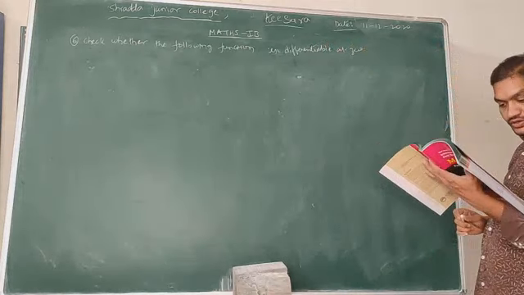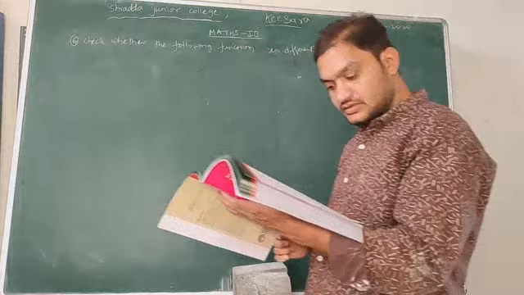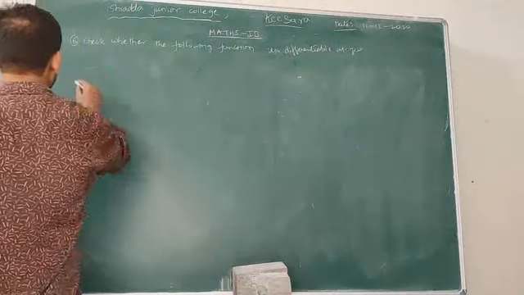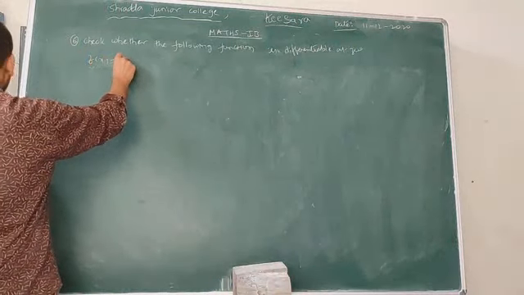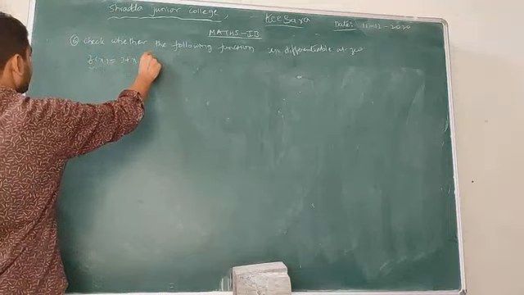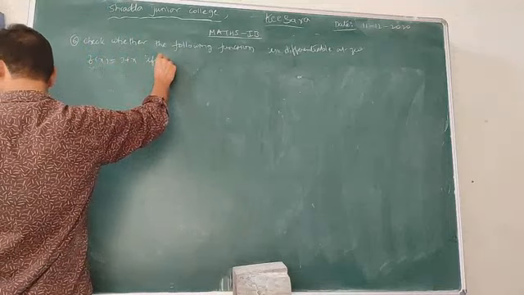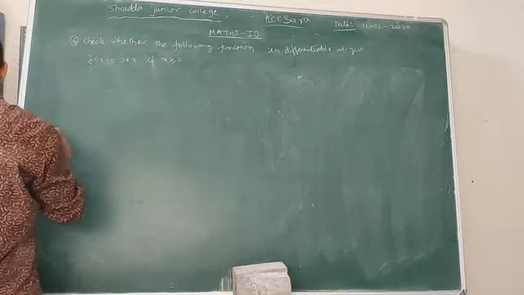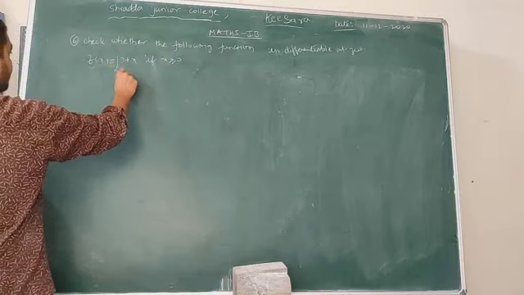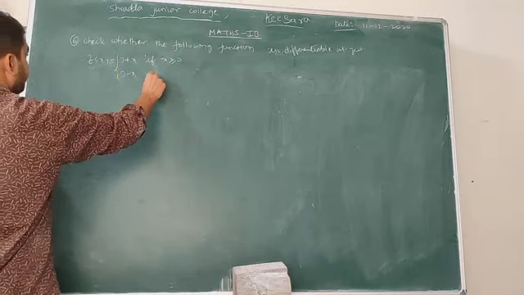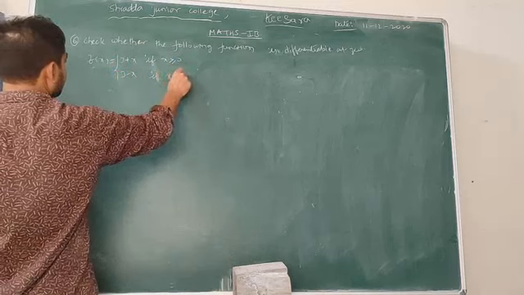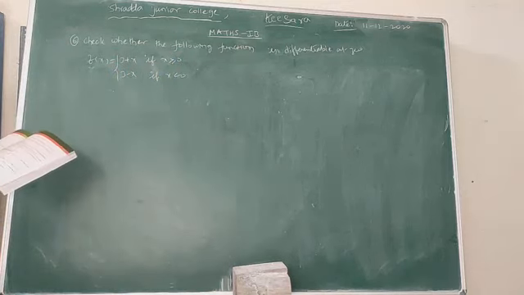F of x equals 3 plus x if x is greater than or equal to 0, and 3 minus x if x is less than 0.